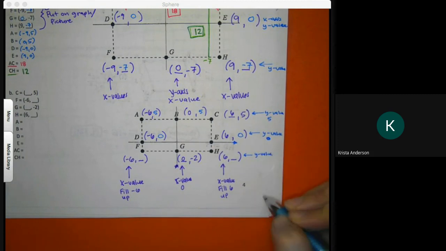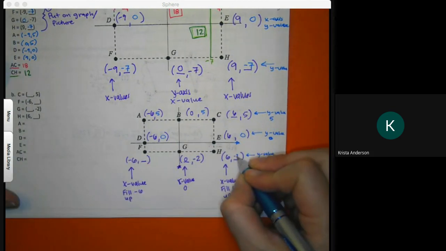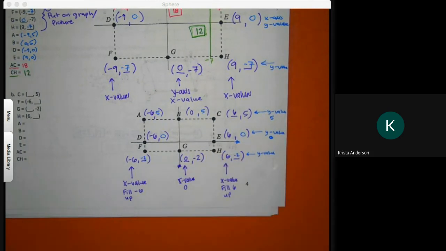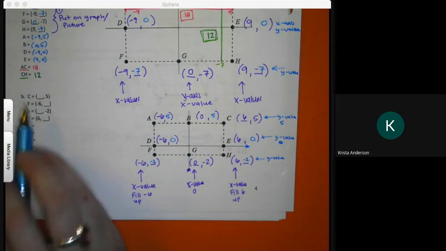What will the y value be for the bottom row? Do you see a number on the y side? -2, so I place -2s on those right sides. I copy them over.